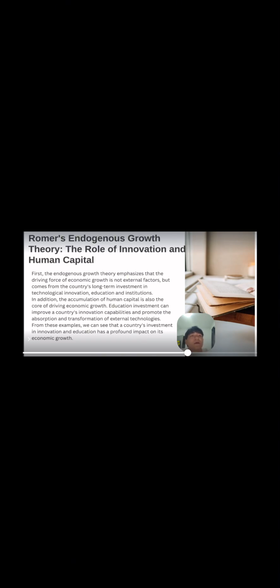In addition, the accumulation of human capital is also the core of driving economic growth. Education investment can improve a country's innovation capacity and promote the absorption and transformation of external technologies. South Korea is a typical example.